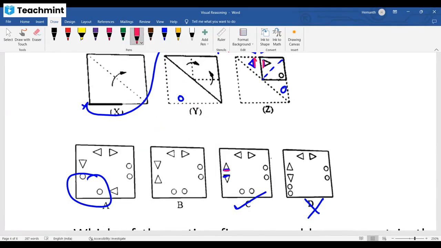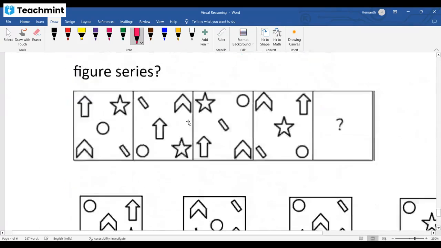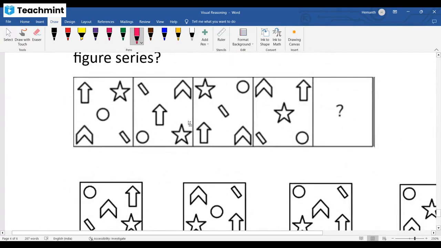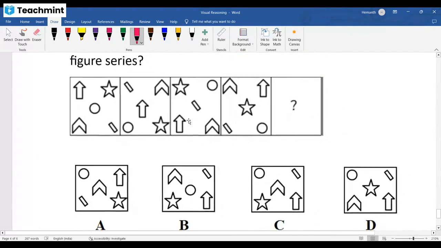For exam point of view, please check that the bases of the triangles are at one side, not the tops of the triangles. So C is correct. That's why I'm suggesting you make sure why you eliminate the remaining options, with a certain reason, then you will get the correct answer. You may think B and C are both the same and go with either, but you should eliminate: why B, why not C? Eliminate those options one by one.